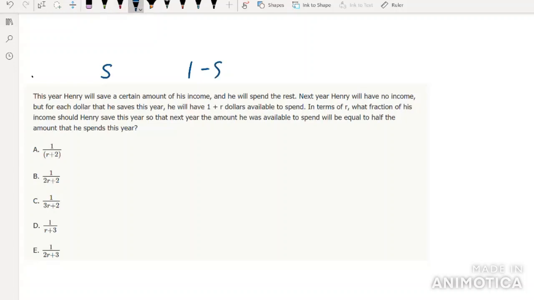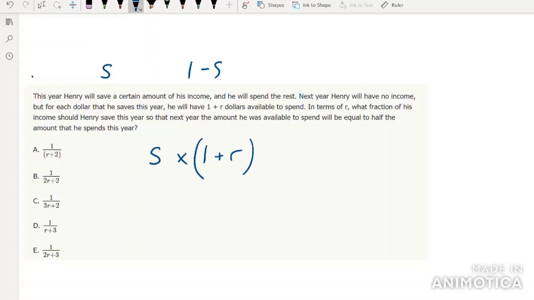He saves S and spends 1 minus S. For each dollar he saves this year, he will have 1 plus R dollars available to spend next year. So he will have S times 1 plus R. That's how much he'll have available to spend.